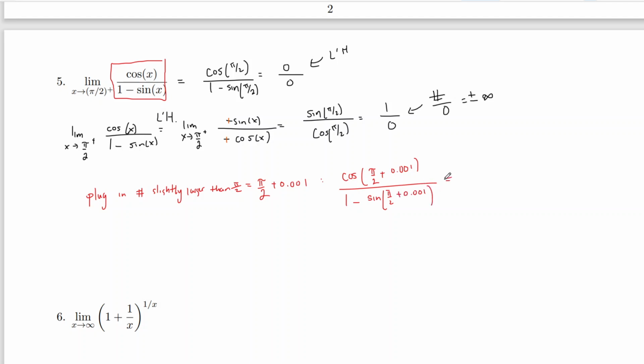And let's go ahead and see. We only need to notice one thing, whether that's positive or negative. We should be close enough to pi over 2 to where it doesn't matter. But if you don't have a number where you can confidently say you think it's positive or negative infinity, just add another 0 and do 0.0001.